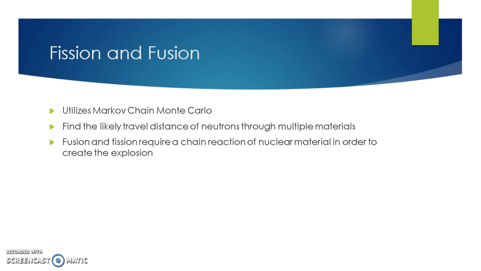So basically the example that we used for the fusion and fission is we are trying to find the likely travel distance of neutrons through multiple materials. When neutrons are shot into a nuclear material, they create a chain reaction explosion if the neutrons hit the center of the nucleus and shoot off other neutrons to other nuclear material atoms.